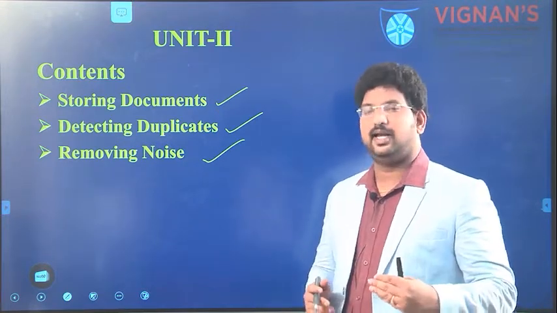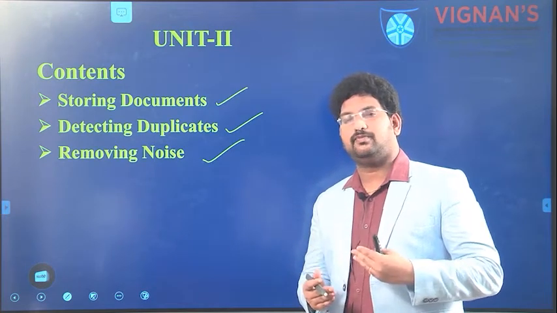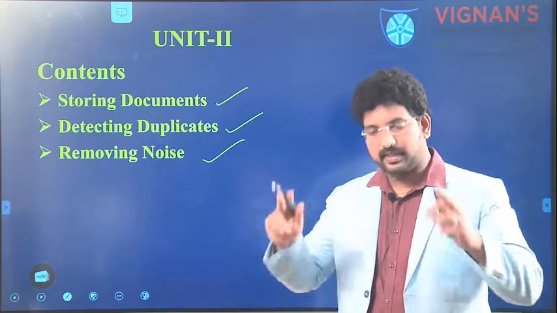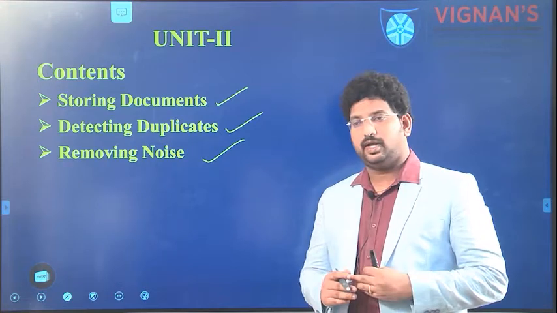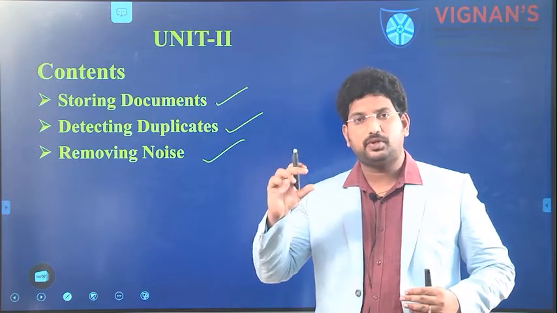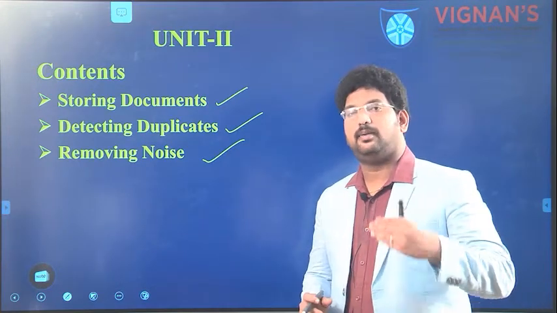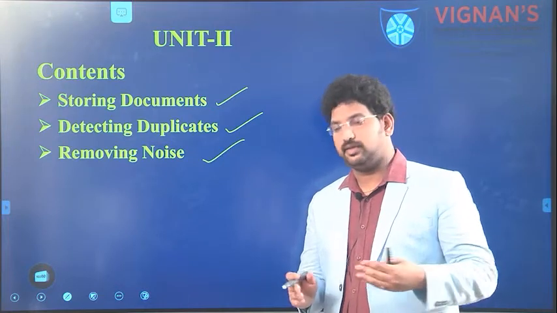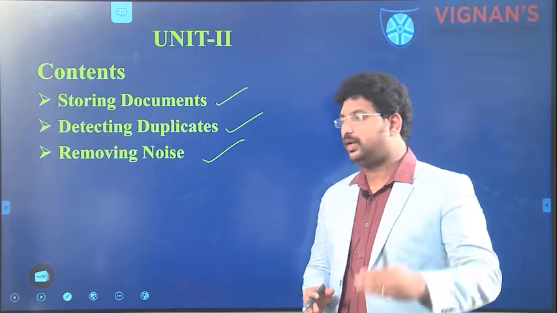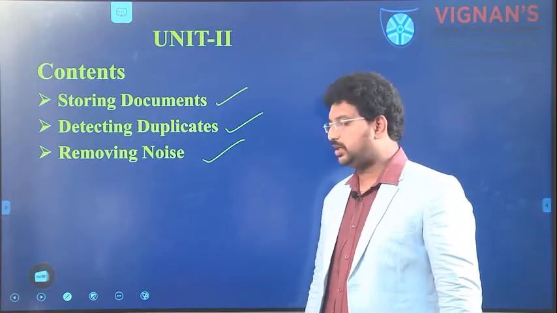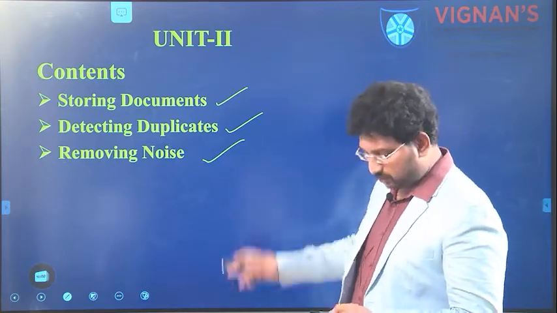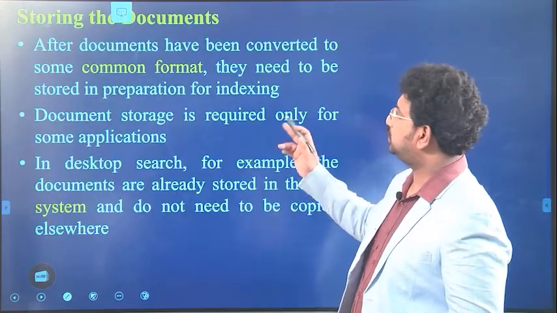Whenever you try to retrieve information about any topic, if you retrieve one particular document consisting of entire textual information, only a few portions of the text are useful for retrieving your information, but the remaining is unnecessary and unrelated information for the web search query. That is what we call noise, and we will learn how to identify the noise and how to remove it. So these are the concepts we are going to learn.